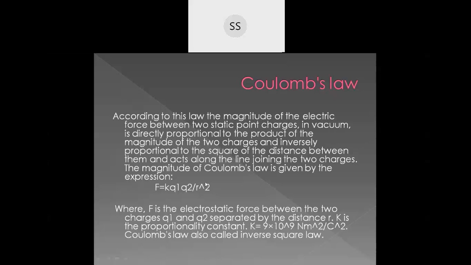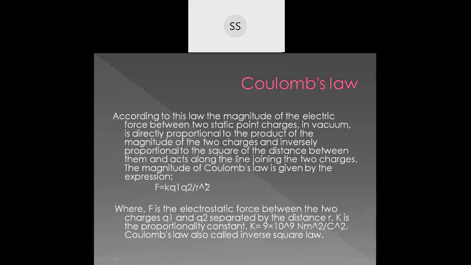The force is directly proportional to the product of the two charges, and the force is inversely proportional to the square of the distance between them. Inversely proportional means when the distance between the two charges is low, the force will be higher. If the distance between the two charges is really long, then the force will be low. So force always inversely depends on the distance.